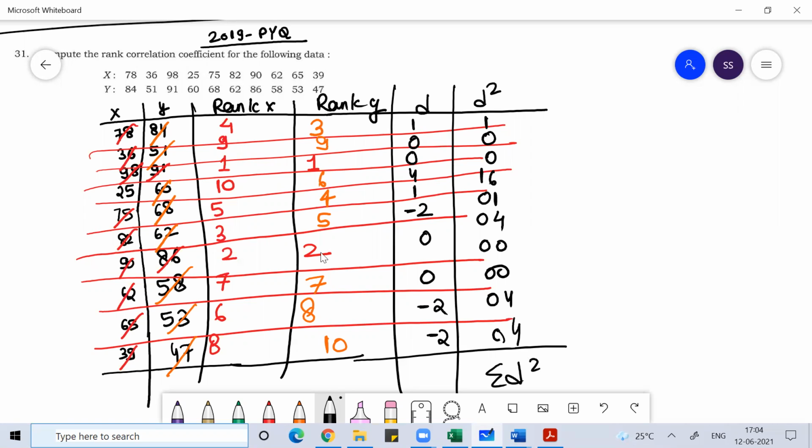Then the sum of d square: 16, 20, 24, 28, 29, 30. Sum of d square is 30.